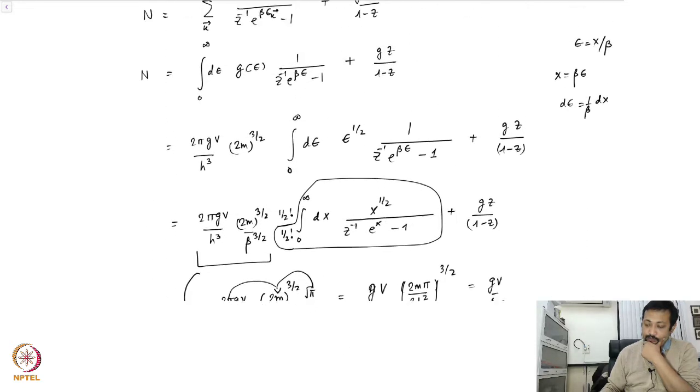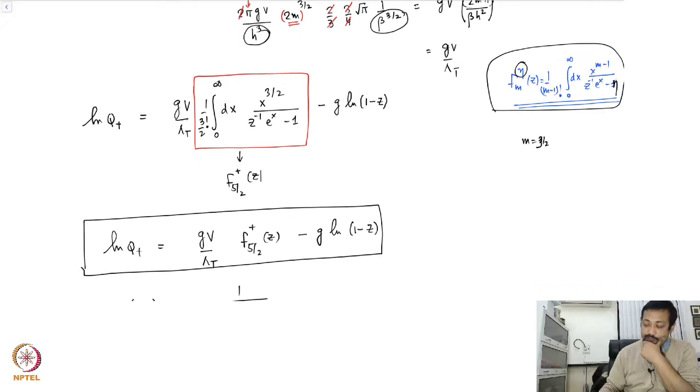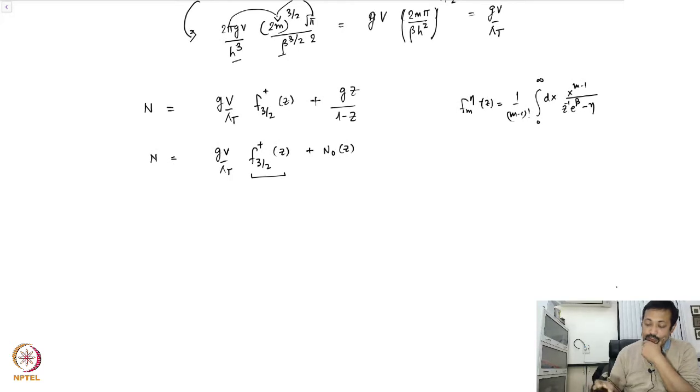I think we did make an error, sorry, this has to be minus of eta for a specific eta. If it was plus, then this is just going to be f m plus of z, just going to be minus of 1 beta epsilon. Terribly sorry for the mistake. This has to be e to the power x minus 1.